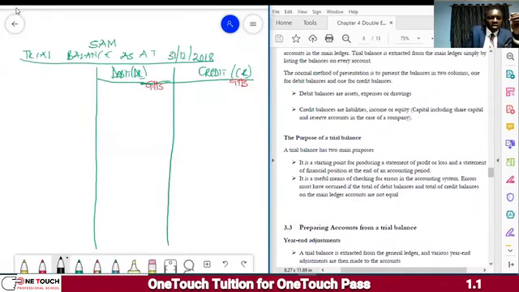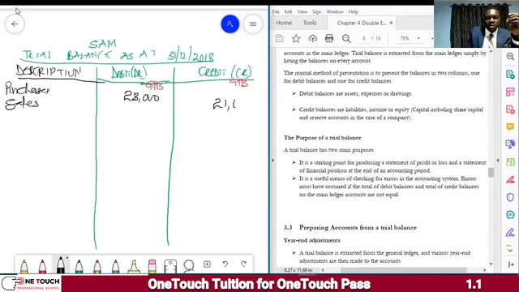So I come here. So this is the description of the item, or the particulars. Okay. So I have purchases, and that was a debit balance of 23. And there was sales, and the sales was a credit balance of what? 21.